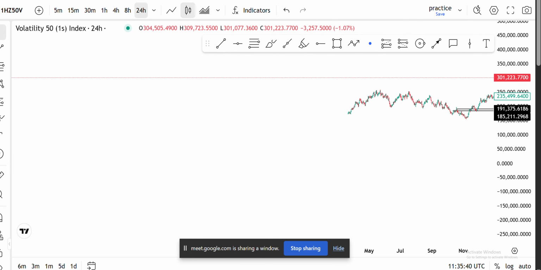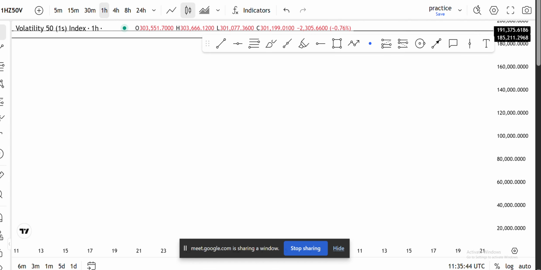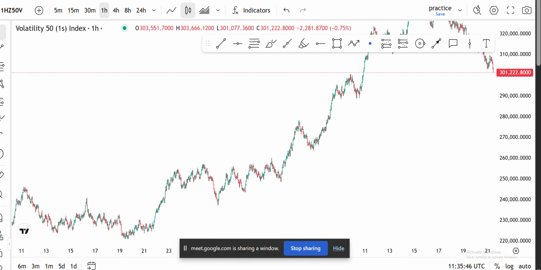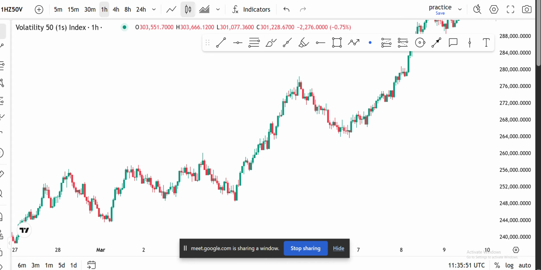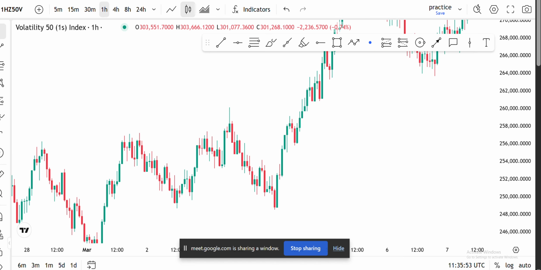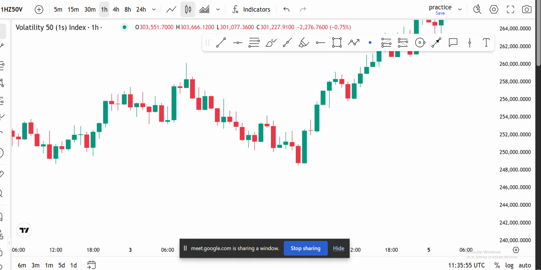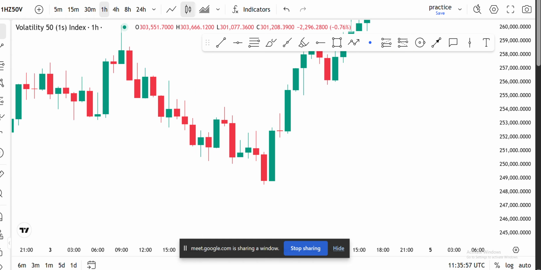So let's check on one thing. Let's spot an engulf candle. I'm going to mark it out for you. This one doesn't have a long rejection.